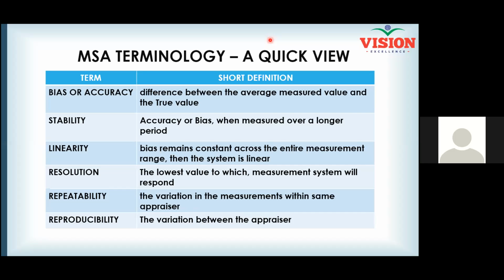Millisecond. 0.01 second, I agree, but I don't agree millisecond. What is millisecond? 0.001. 1 by 1000 of a second is a millisecond.